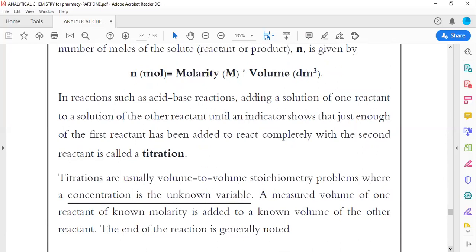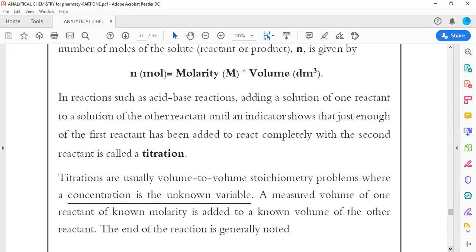So what titration means: you have two solutions, and you're mixing them. You have, for example, in solution 1 an acid, and in solution 2 a base.